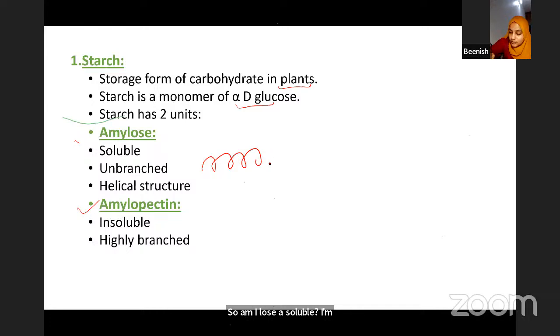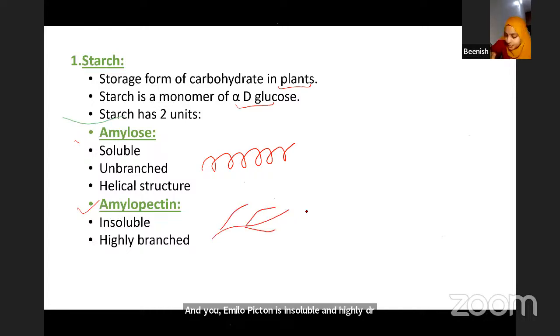So, it is like this. And amylopectin is insoluble and highly branched. So your amylopectin looks something like this. Depending upon the type of plant, there are different percentages of amylopectin and amylose present.